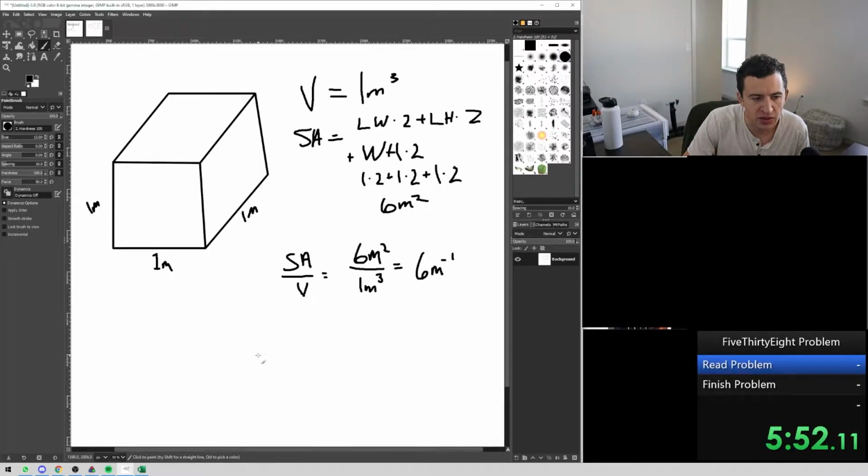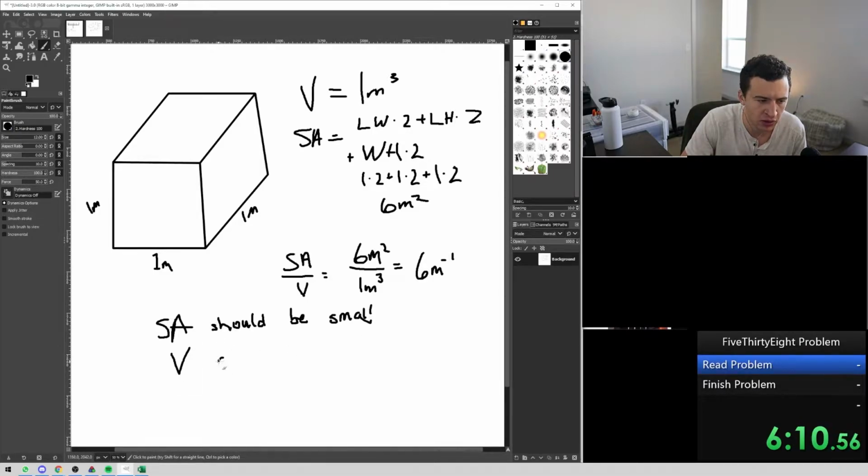So let's just write that out because that's something we're going to come back to. Surface area should be small. And volume should be relatively, but it should be big, right?